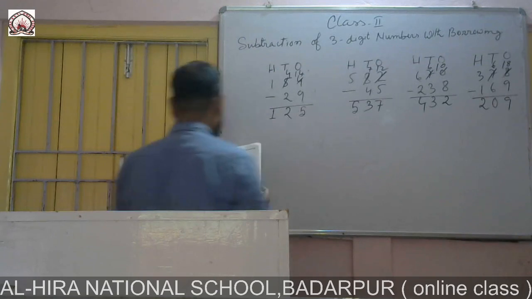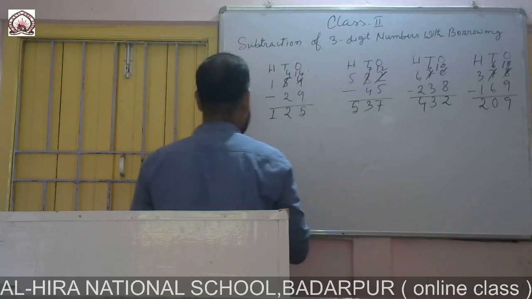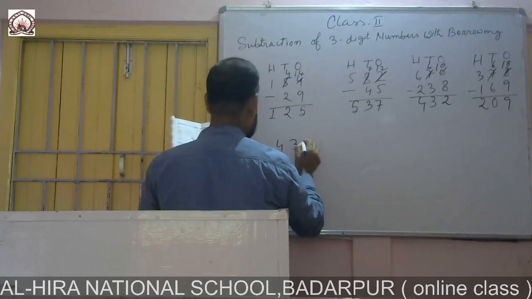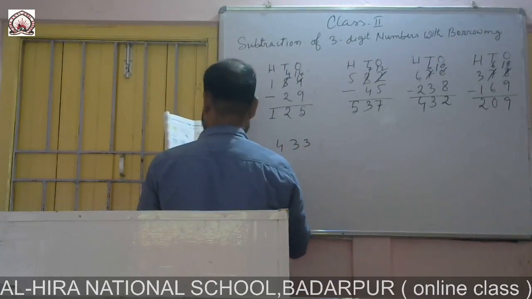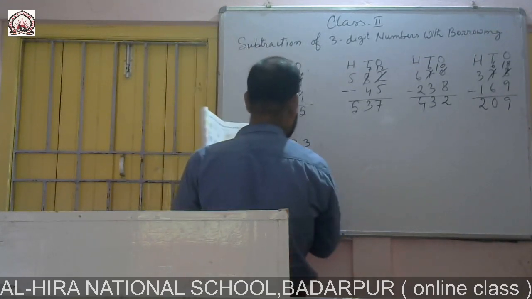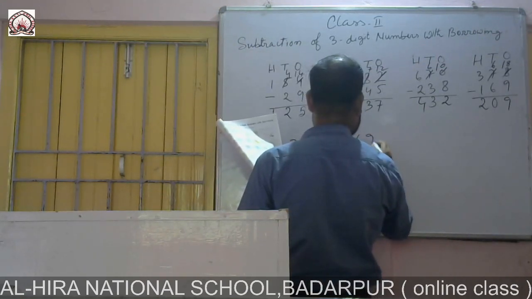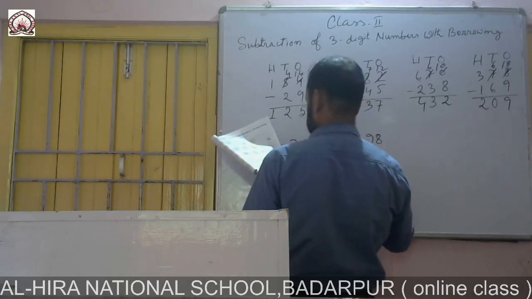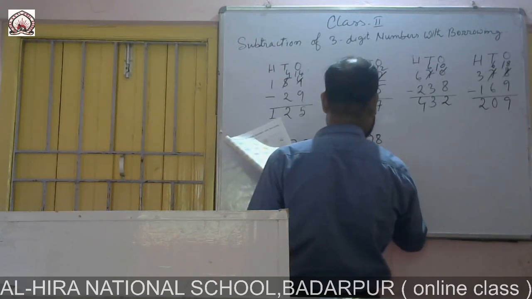Next example, we use ones, tens and hundreds again. It is 433 minus 216. Next, 698 minus 689.